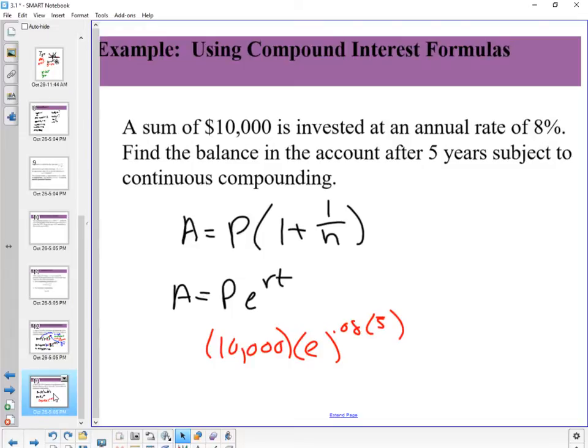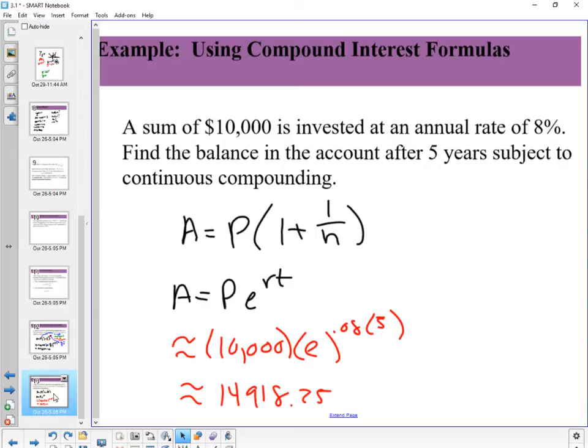Yeah, this would be approximate at the end. It'd be 14,918.25. Yeah, I rounded.